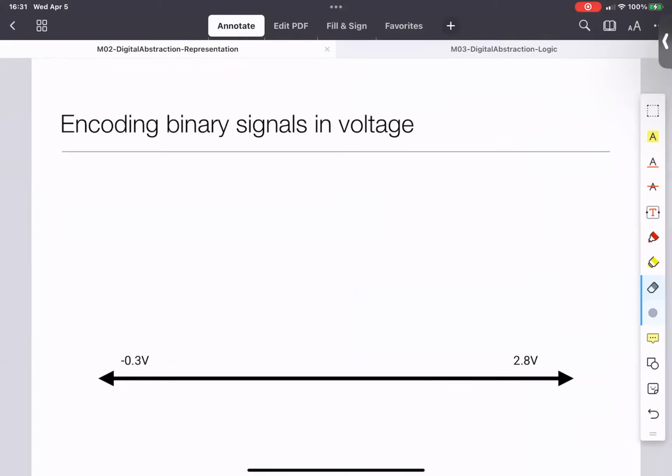Usually digital devices are designed to span some voltage range. It used to be 5 volt. Nowadays it's often 3 volt or 1.5 volt. It's in that ballpark. Our transistors need a certain minimum voltage to do their job.